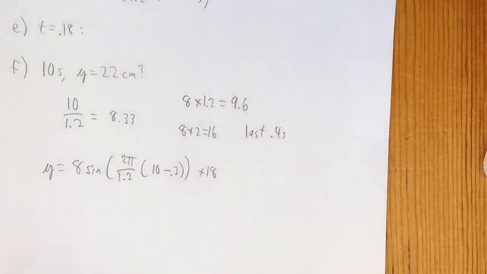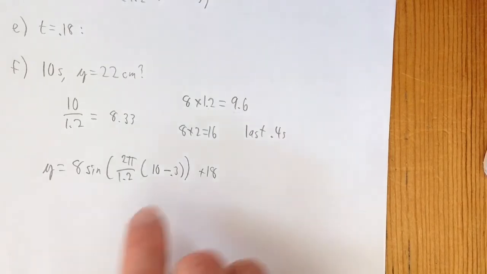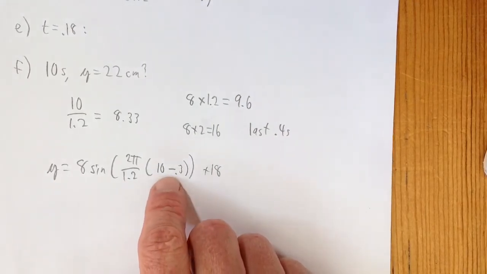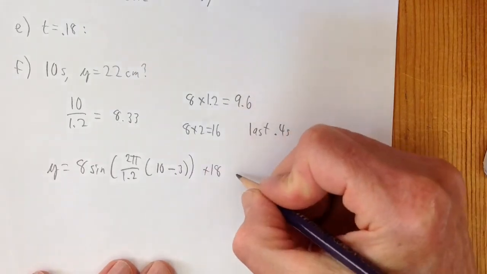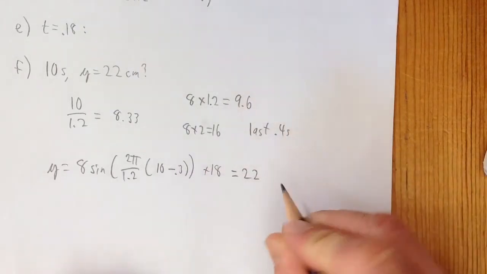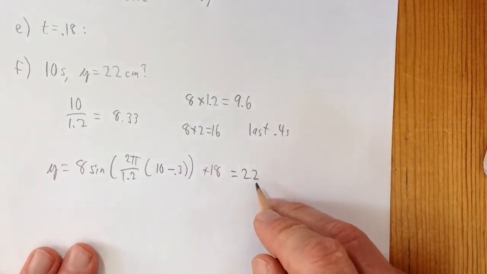So 2 times pi times 9.7 divided by 1.2. I get 50.7. Make sure my calculator's in radians mode. Take the sine of that, then multiply by 8 and add 18. And it's exactly 22. So at 10 seconds, it's exactly 22.